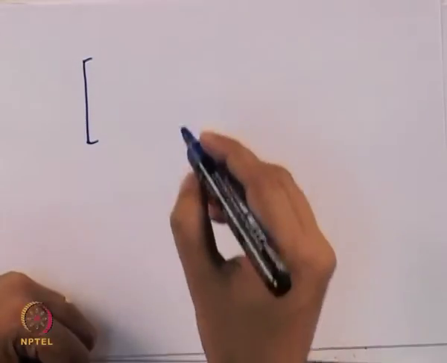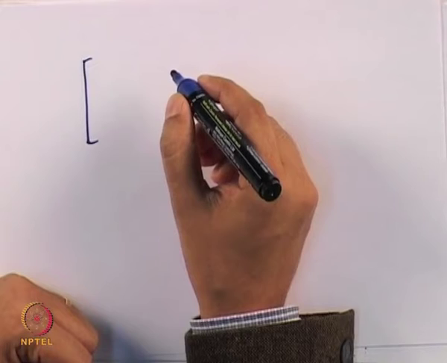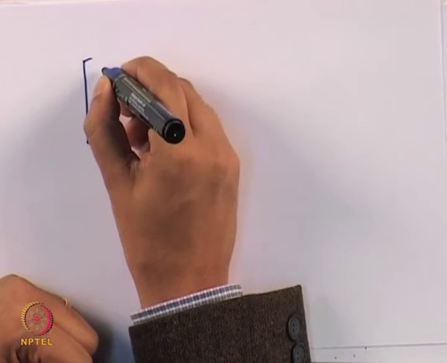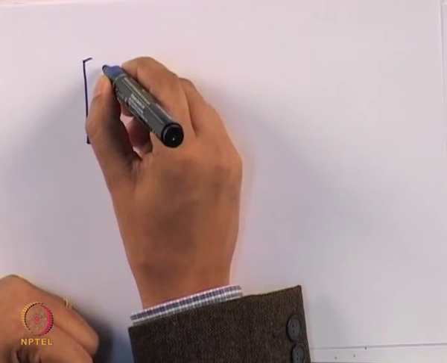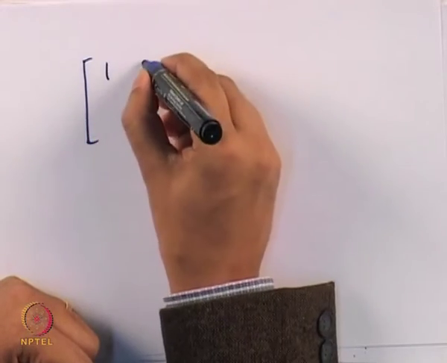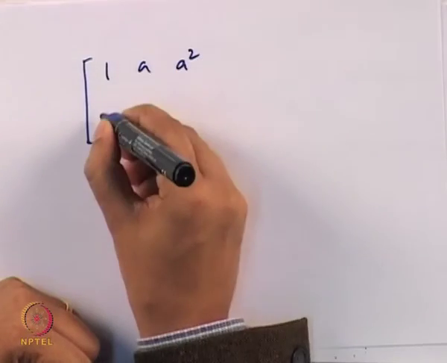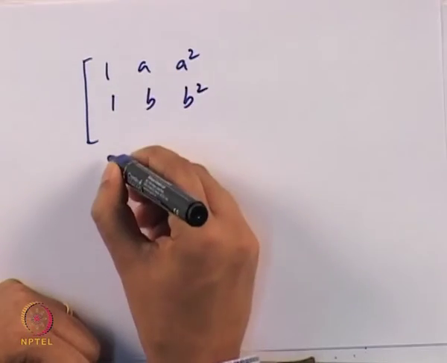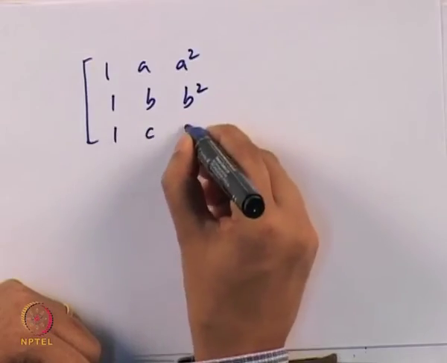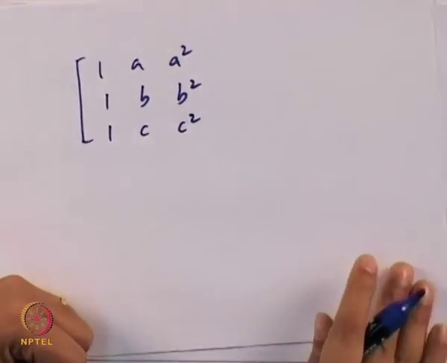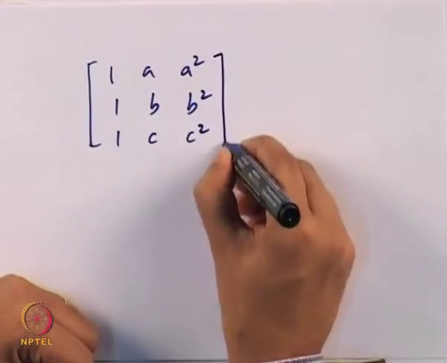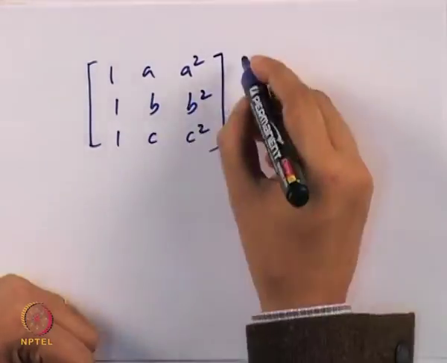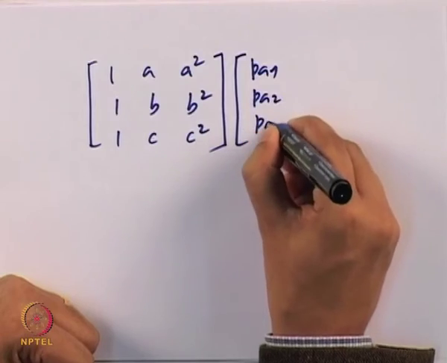The equation itself is going to be of the form as we discussed before, and so we will have the following condition, which is 1 a square, 1 b square, 1 c square, and we are multiplying it with PA1, PA2, PA3.